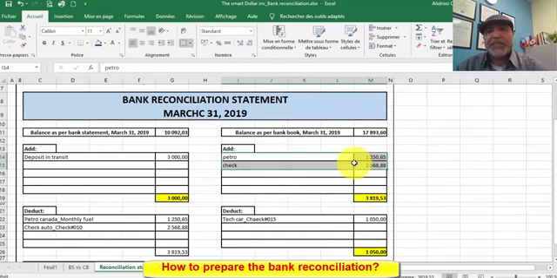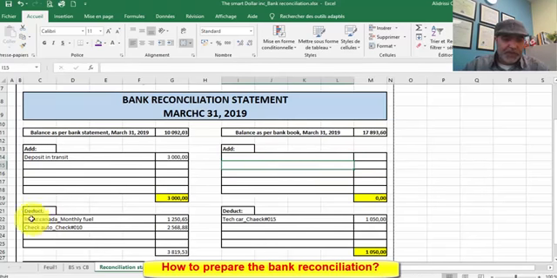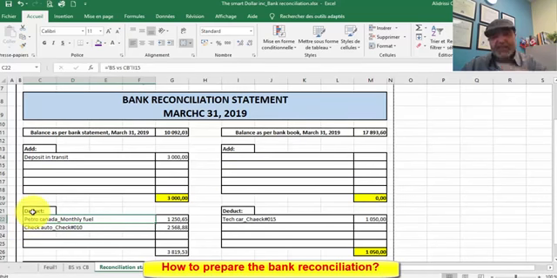When we add, it means that we cancel, we remove the previous recording. But most companies never do this. They prefer to do it this way, to be deducted later from the bank balance, closing balance. Okay, in the next time.